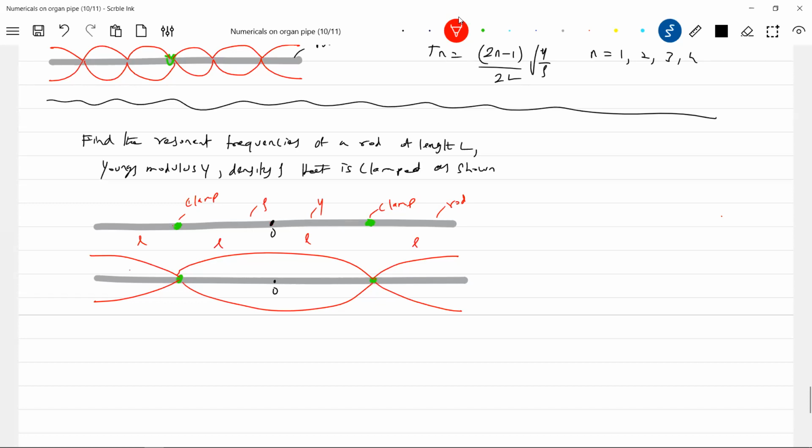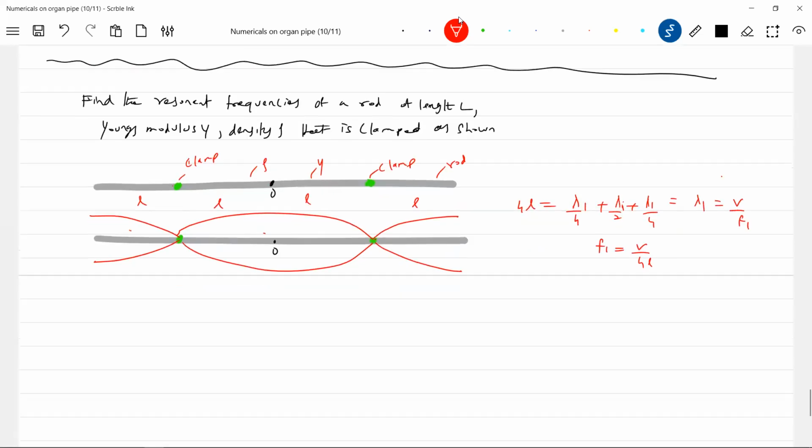So what is this length? Lambda by 4, lambda by 2, lambda by 4. So what is the length? 4L should be equal to lambda 1 by 4, lambda by 2, lambda 1 by 4. So it will become only lambda 1, and this should be equal to V by F1. So F1 equals V by 4L.